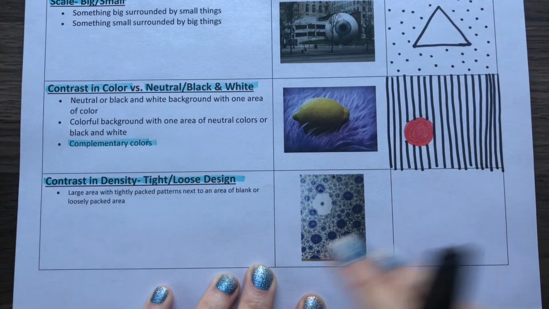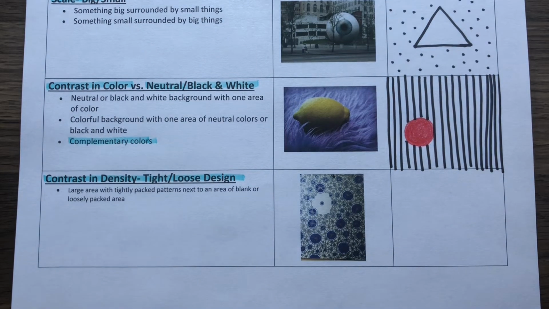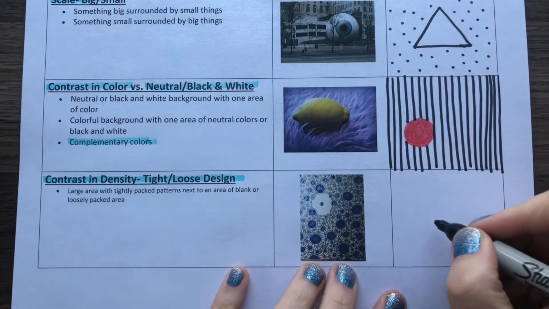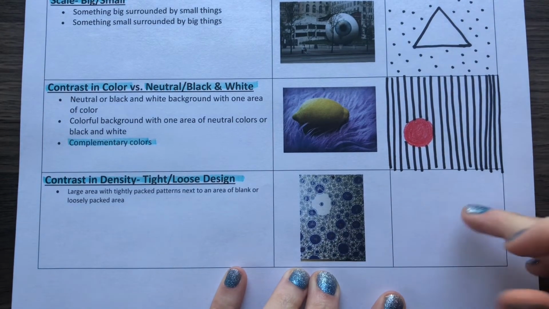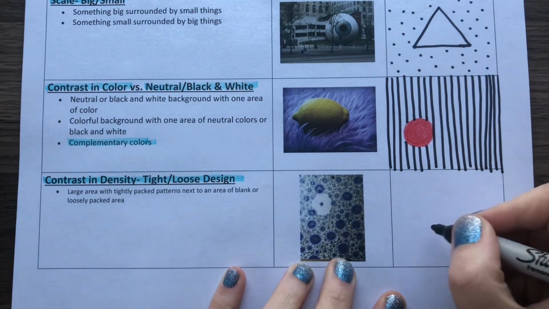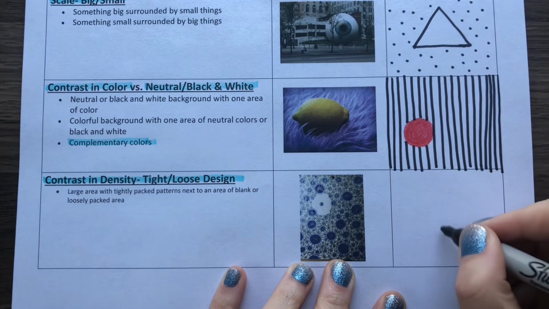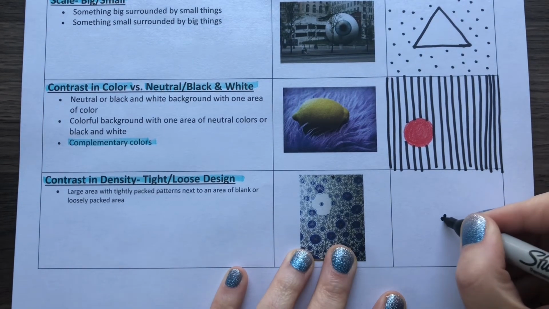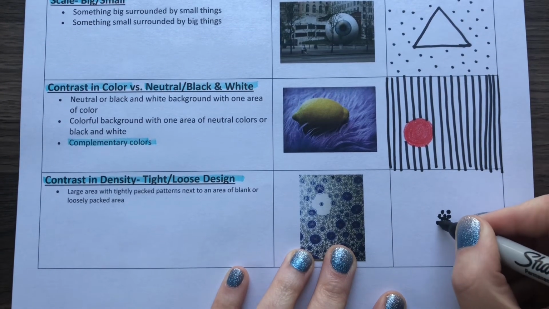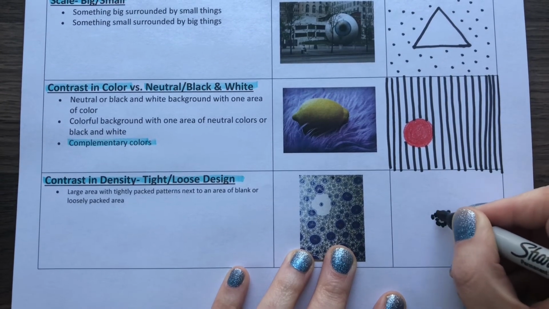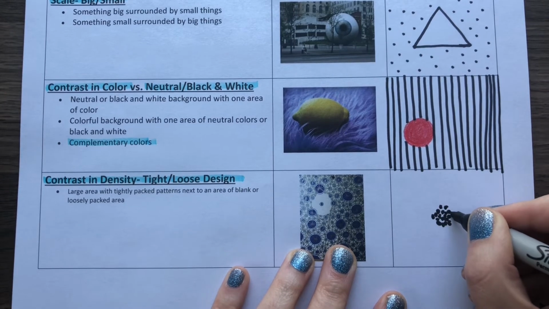Now in this section, I'm going to do the opposite. I want to create an area that is dense, that has lots of stuff in it, and then have it surrounded by a looser pack of stuff. For me, I'm going to do dots again. I'm going to have a densely packed area, so that means lots of dots really close together.